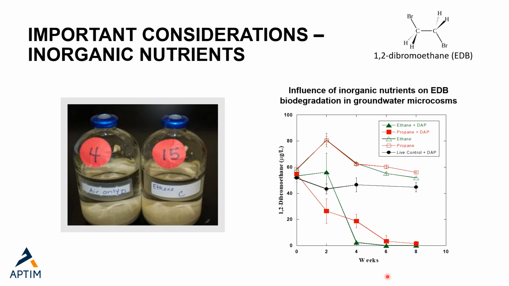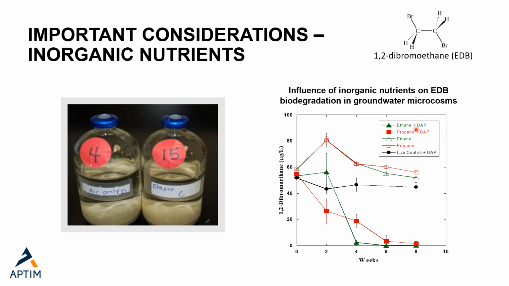Here's an example of a microcosm study. In this case, we were looking at substrates that support the biodegradation of 1,2-dibromoethane, EDB. I'll talk about this a little further in a case study, but it's a soil fumigant. It was also used in leaded fuels. In this microcosm study, if we just added ethane or propane, we saw no biodegradation of EDB, and this is at 60 parts per billion in these bottles.